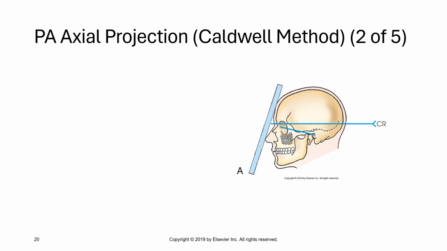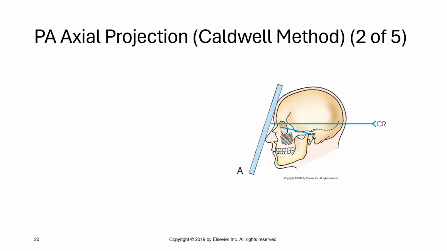Back when we had dedicated head units, it was common for the Bucky tray to be tippable, like you see here. This is the ideal way to do a Caldwell method, perpendicular to a tipped image receptor that makes contact with the forehead and the tip of the nose, the nasion centered to that image receptor, central ray exiting the nasion.